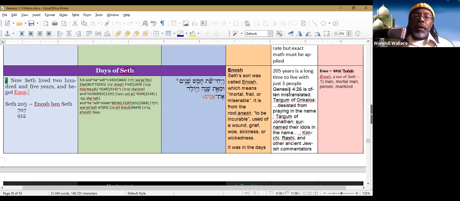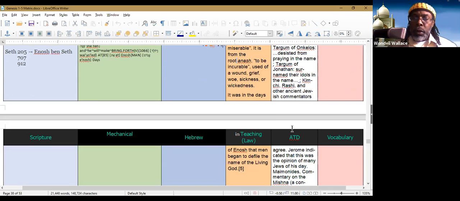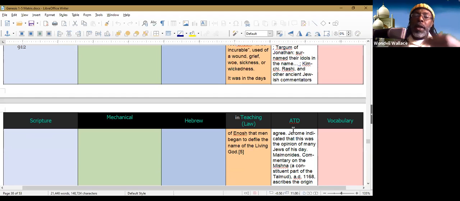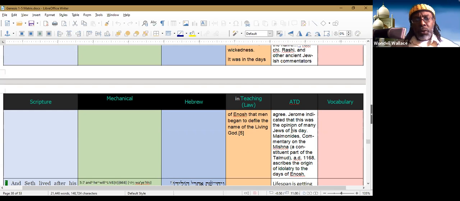Kimchi, Rashi, and other ancient Jewish commentators agree. Jerome indicates that this was the opinion of many Jews of his day. Maimonides, in his commentary on the Mishnah, part of the Talmud, traces the origin of idolatry to the days of Enosh.